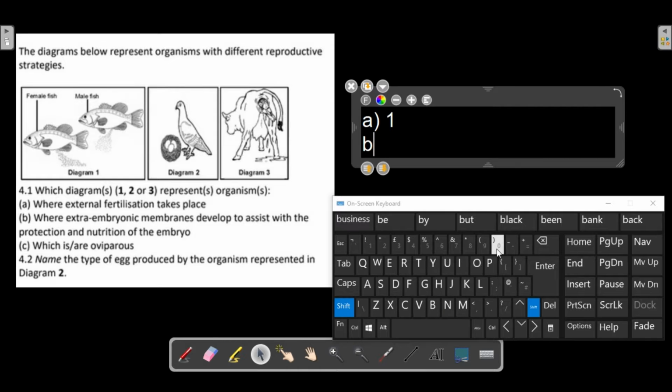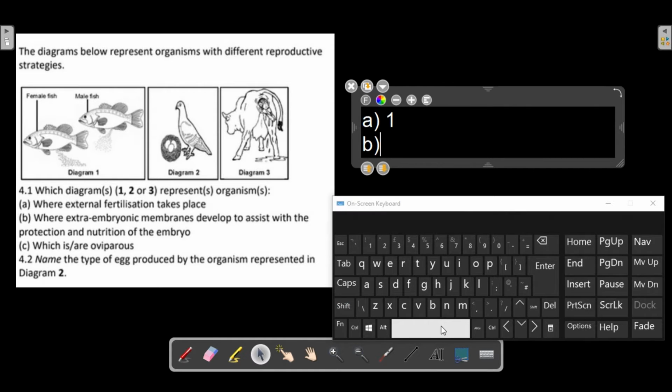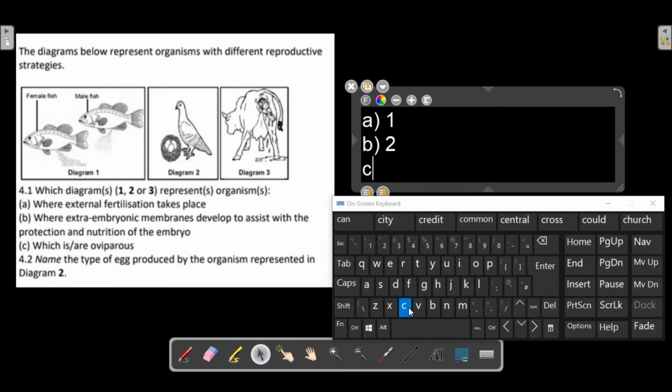And then B says, where extra-embryonic membranes develop to assist with the protection and nutrition of the embryo. So that would be diagram 2, the amniotic egg that we have there. And then C says, which is or are oviparous.